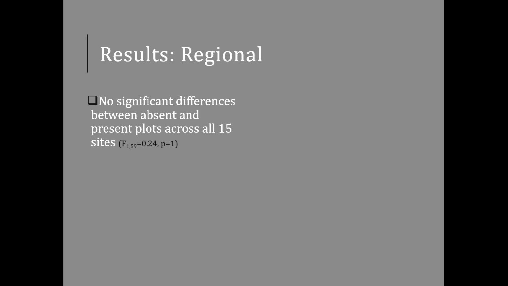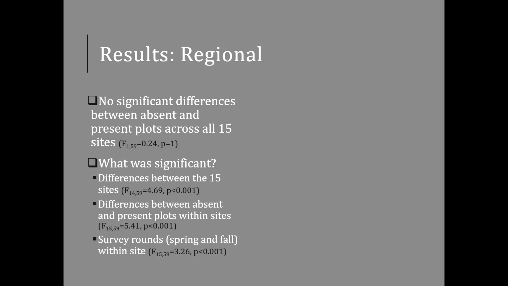And that's not super surprising. But what we did find was basically the differences were based on site. So my sites differed greatly. And so all of those differences between all of my different grasslands kind of overwhelmed any differences that we'd find between plots where Sericea was growing and where it wasn't growing, okay?